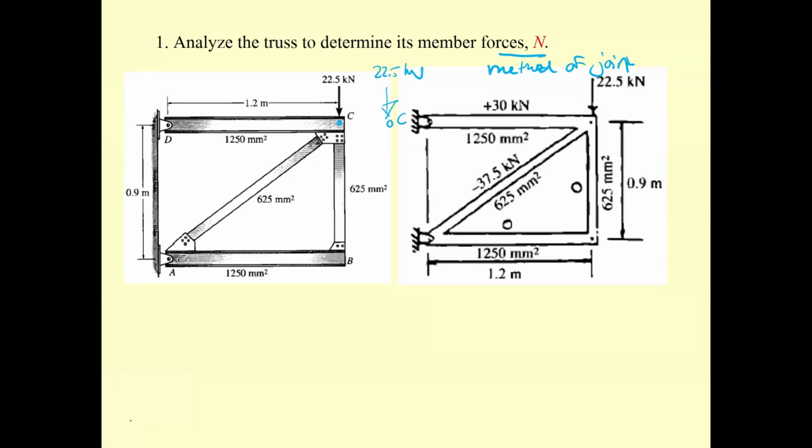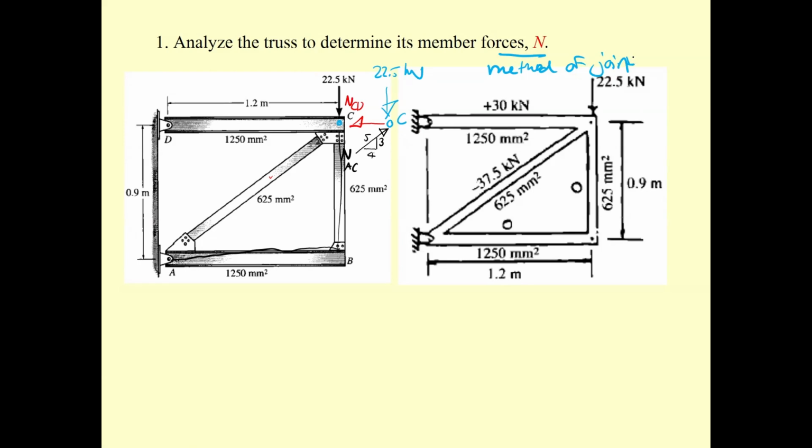As I said, CD is supposed to be in tension, so this is N sub CD. And this member should be in compression, so this is N sub AC. This is a distance of 1.2, and this one is 0.9, so this is a 3, 4, 5 triangle.